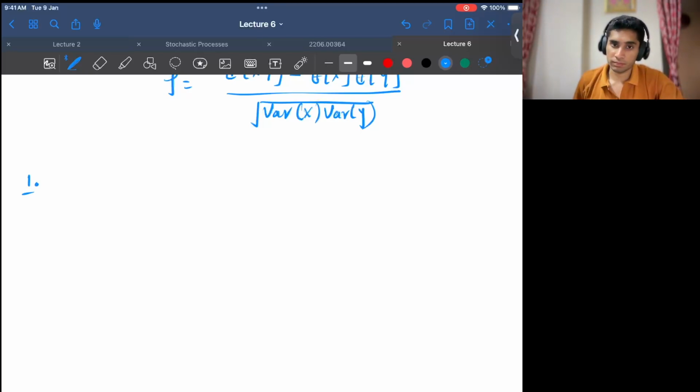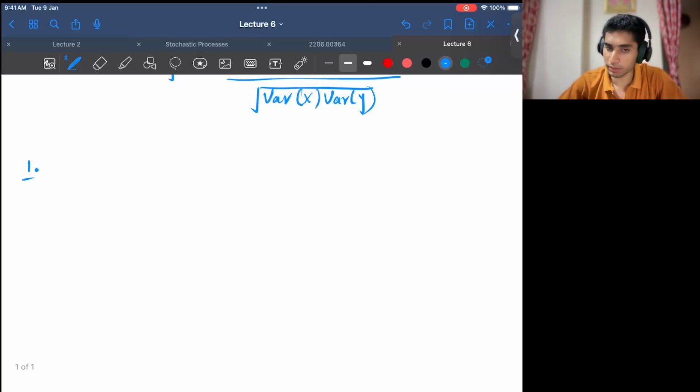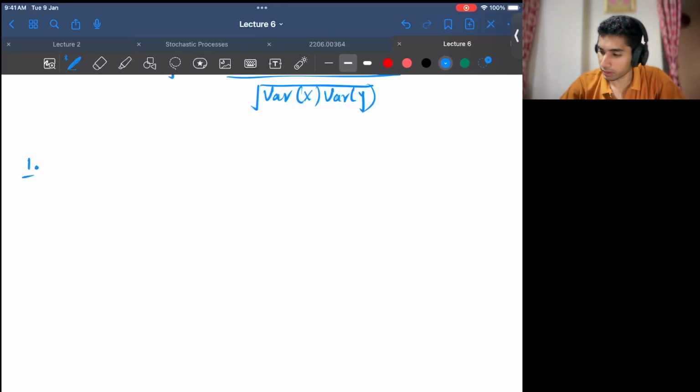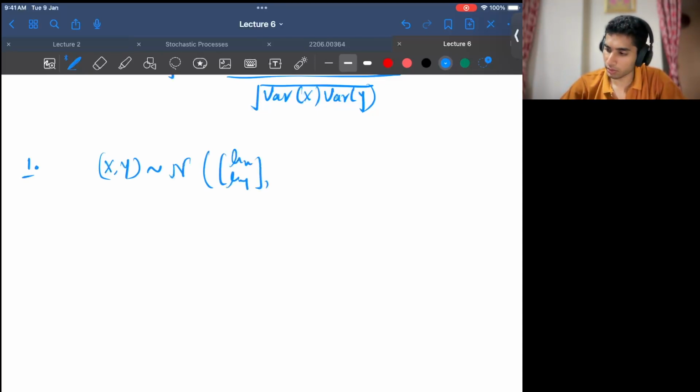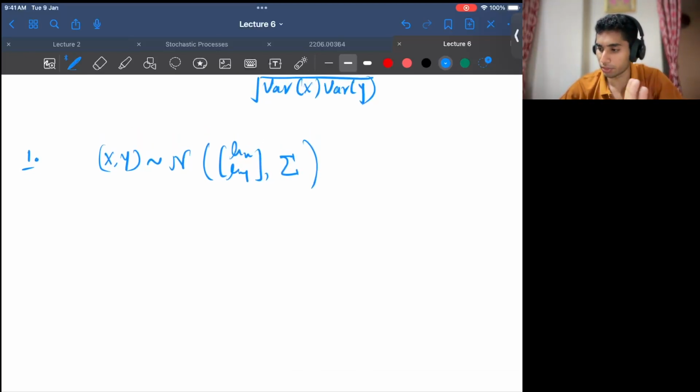The first question goes as follows. There's a bivariate normal random variable, x comma y, with some mu x, mu y, and some variance sigma, right? I hope you understand what this is.